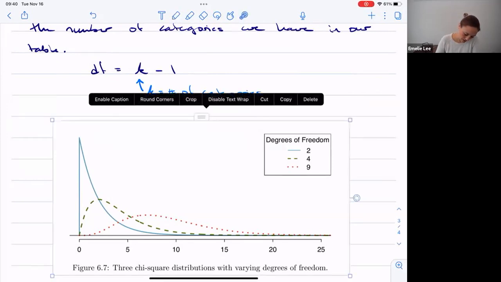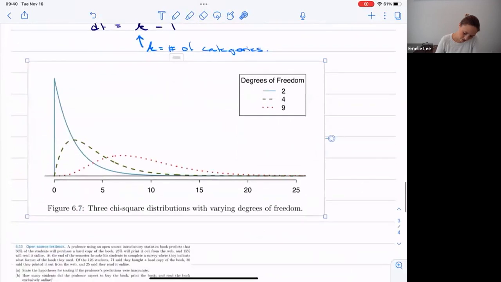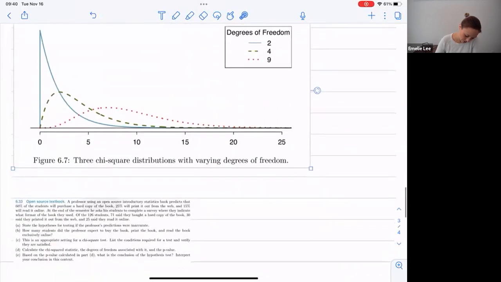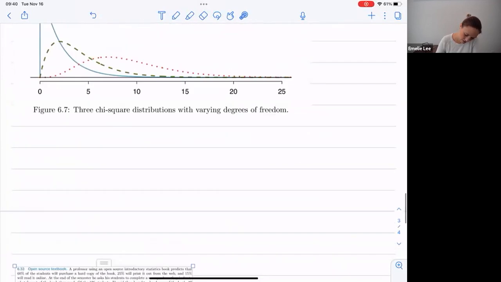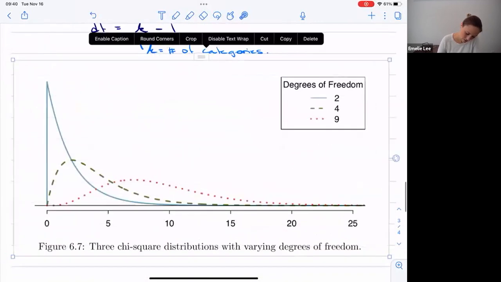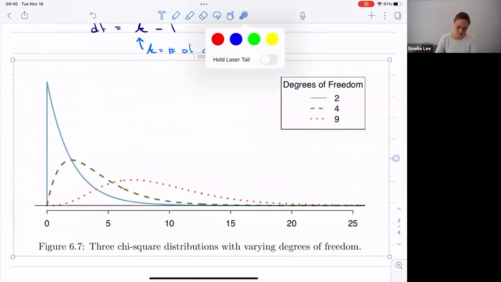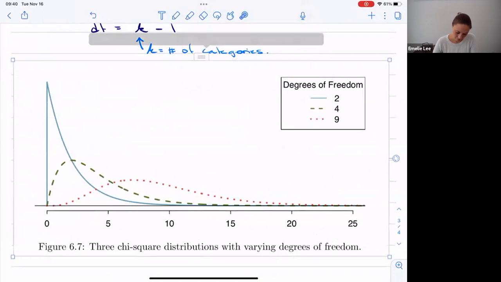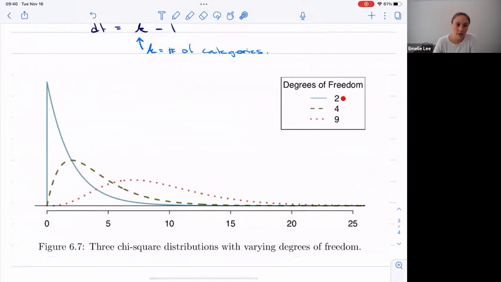So in this case here, if we have 2 degrees of freedom, what does that mean? Well, it means we have 3 minus 1, right?